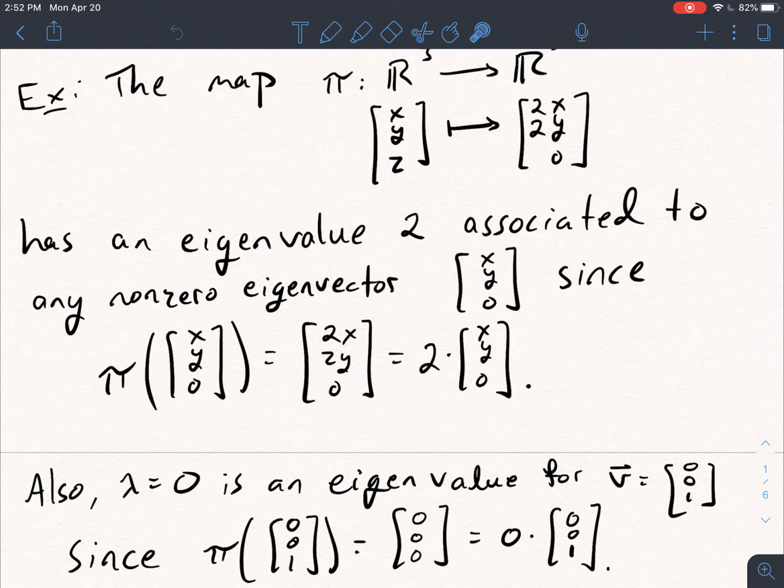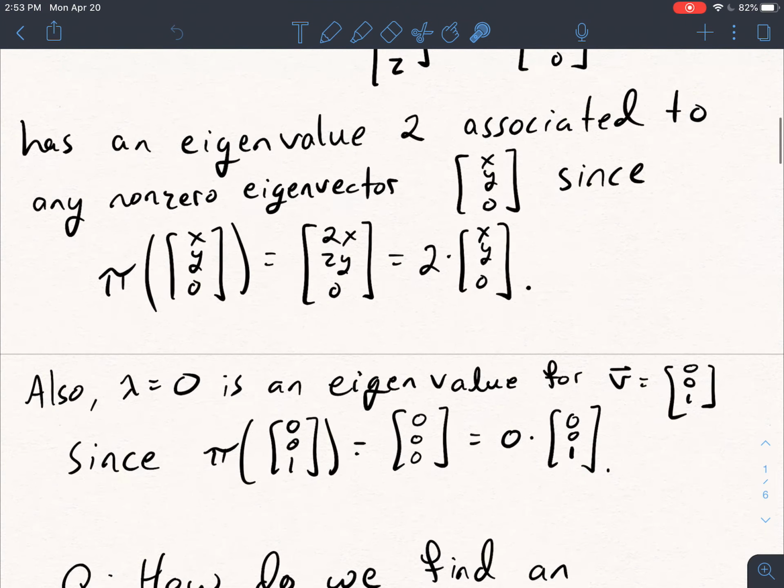Lambda equals 0 is an eigenvalue, for example with the vector v equals 0, 0, 1. This is because pi of 0, 0, 1 is equal to, again, we just make the third coordinate 0, so the zero vector is equal to 0 times the vector that we started with, which was 0, 0, 1.